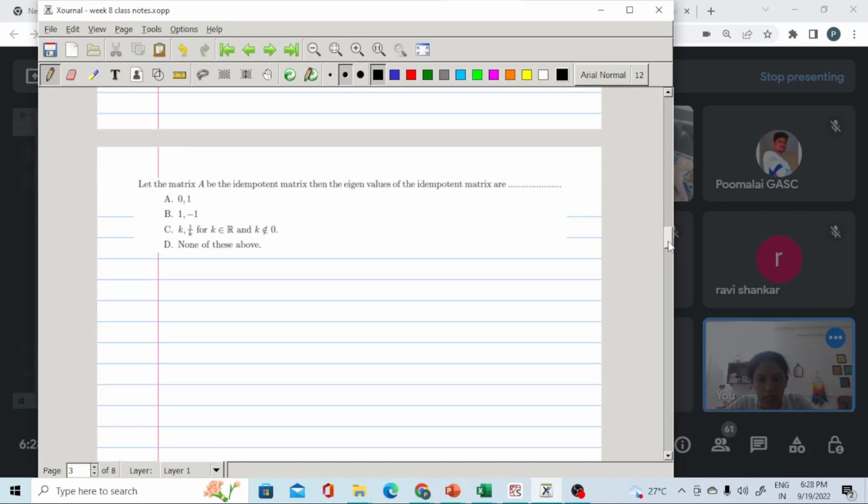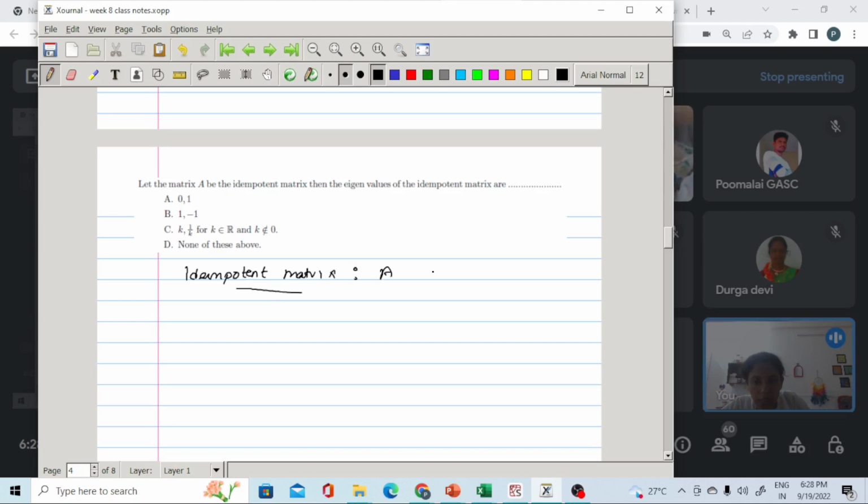Let's go to the next problem. Here it is given that A is an idempotent matrix, and the question is to find the eigenvalues of the idempotent matrix. Do you know what an idempotent matrix is?